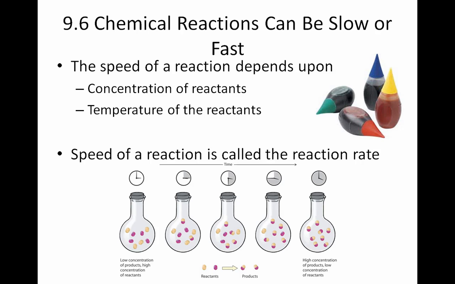Because if you only have, say, one molecule of the thing that the food dye wants to interact with, it's got to search all the way throughout that solution in order to find that one molecule. And so how fast it can react depends upon how quickly it can find the other component of the reaction. So whenever you're talking about the speed of a reaction, you're talking about how quickly can reactants become products, and that's your reaction rate.